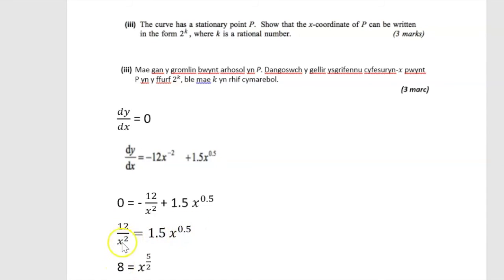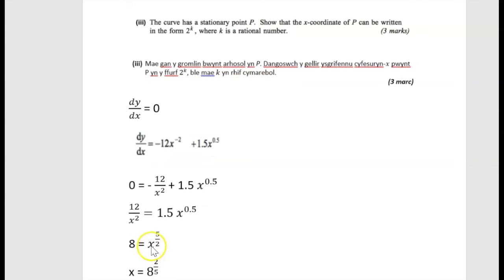x to the 0.5 times x squared, add the powers, x to the 2.5 or x to the 5 over 2. If we rearrange, let's take the power 2/5 of each side, so x to the power 1 is 8 to the power 2/5.